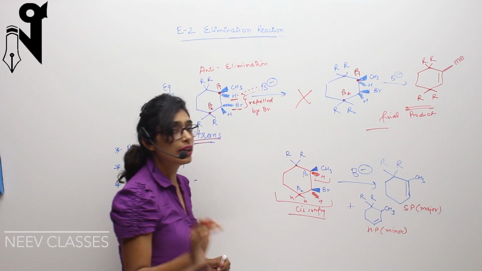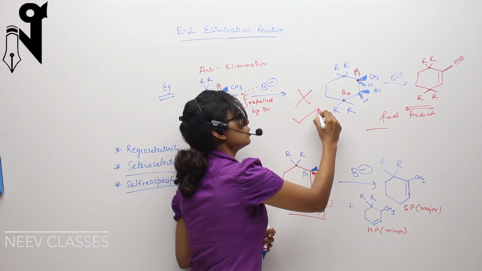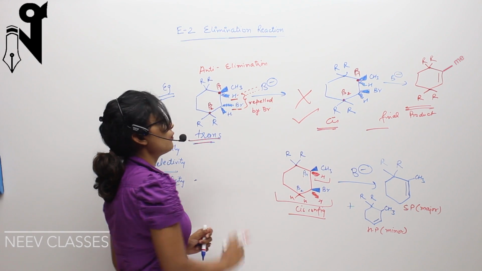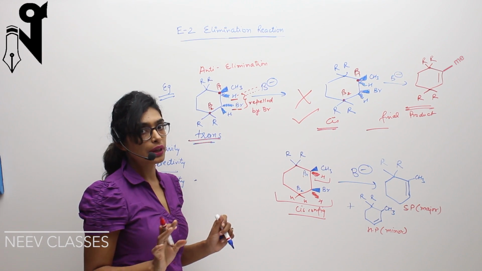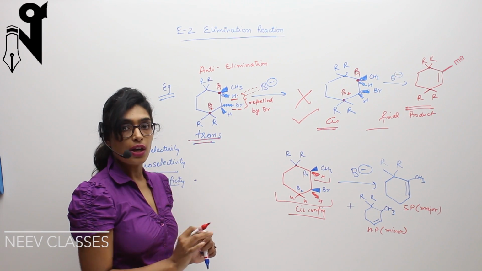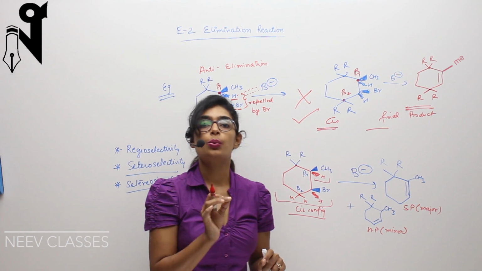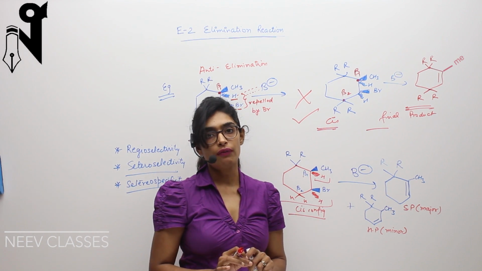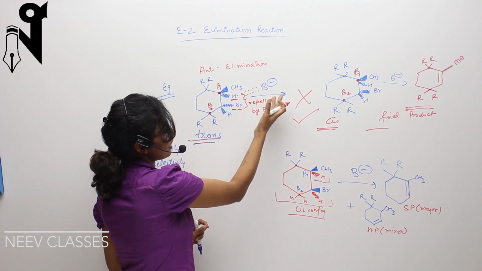Okay, so what did we see? When we did the same reaction with the cis molecule, the reaction could happen. But when we took the trans reagent of the same molecule, we couldn't do the reaction. So even this reaction is quite specific about which reagent we have taken. What is the stereochemistry of the reagent? If it was this stereochemistry, the reaction was not happening.